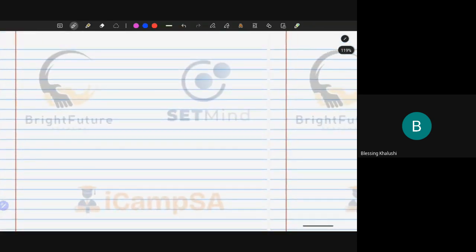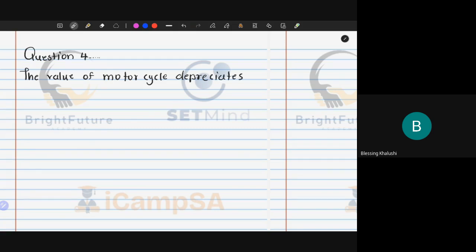I'll call it question 4. And with question 4, we are asked a very easy question, which is: the value of a motorcycle depreciates by 12% on a reducing balance method.